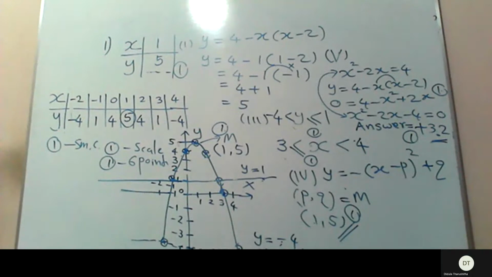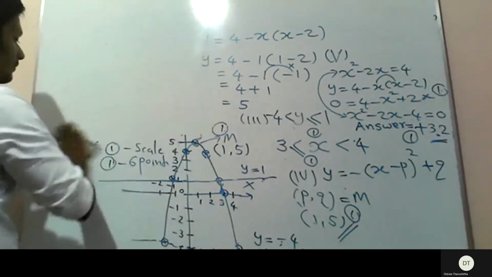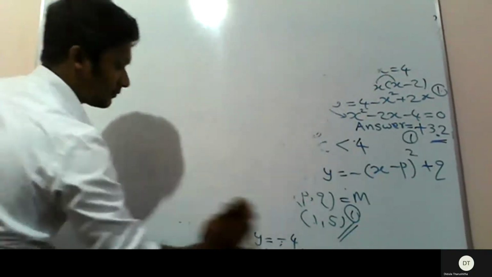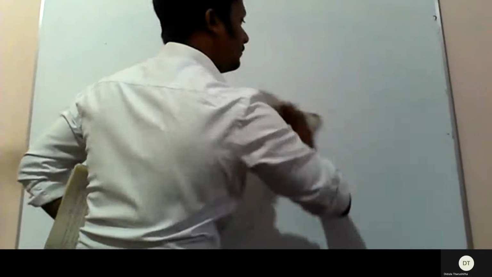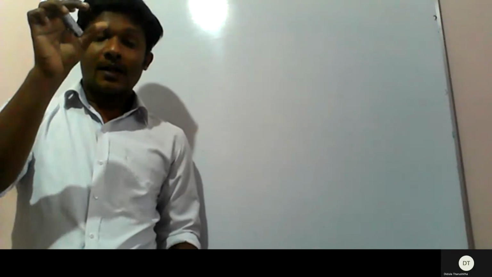Now, question number 2. Try to draw the table with the class intervals, mid values, frequencies like that.